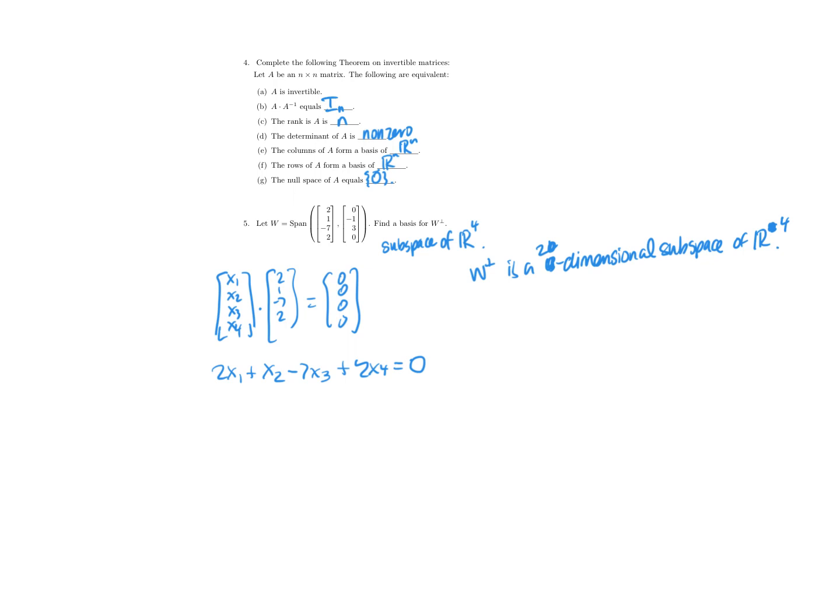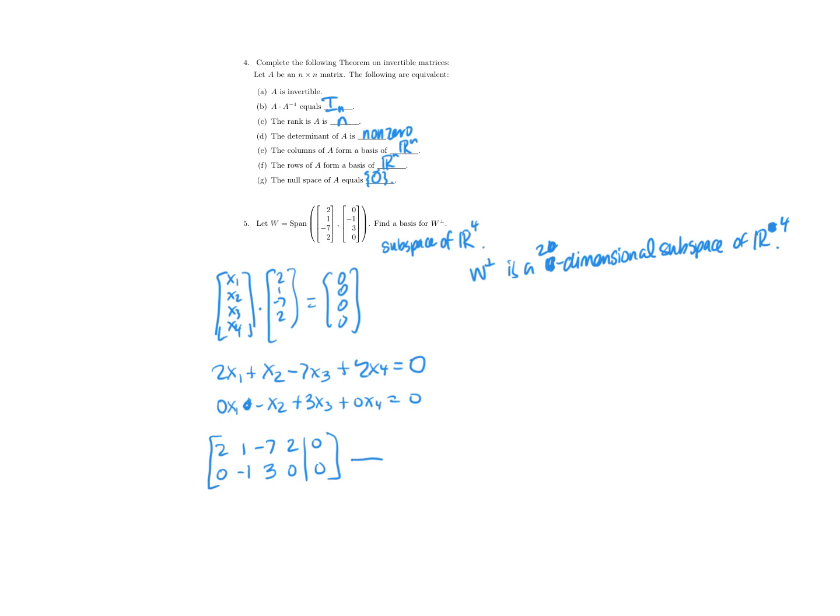So this gives me 0x1 plus or minus x2 plus 3x3 plus 0x4 equals 0. So I can throw this into a matrix.